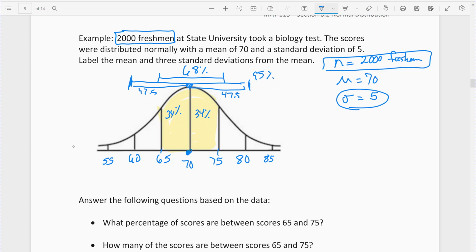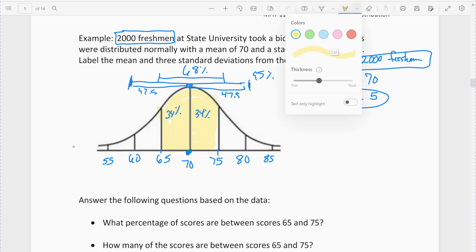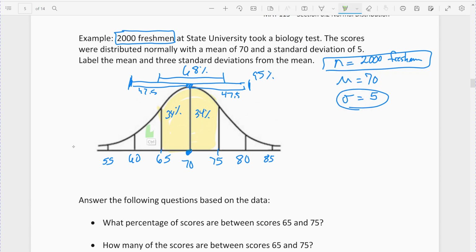I'm going halfway, right? 95 total, halfway. If I shade in that area from here to here, that's my 95. Remember, this was our 13.5. If I took 34, subtracted it from 47 and a half, this comes out to 13.5%. This also, because of symmetry, comes out 13.5%.